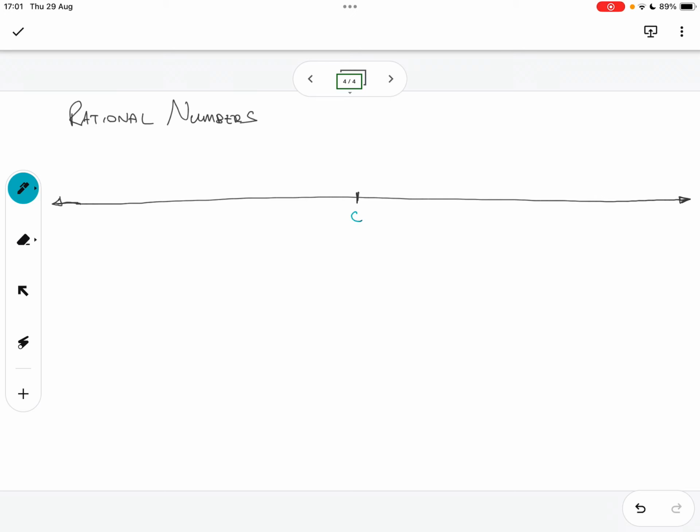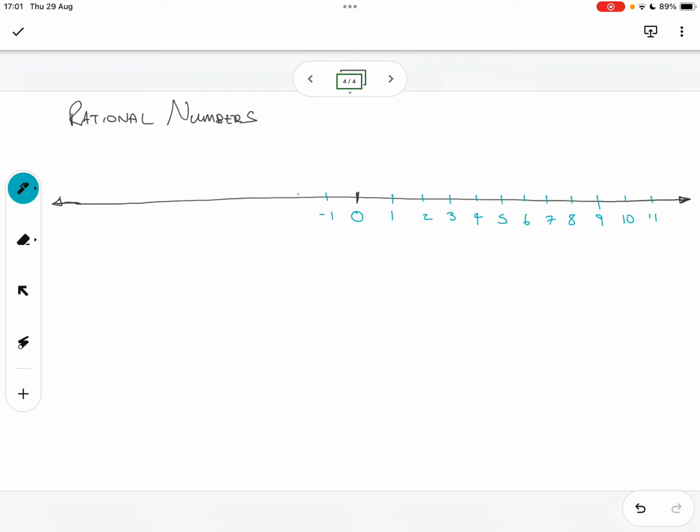So we'll start there, 0, 1, 2, 3, 4, 5, 6, 7, 8, 9, and 10. Maybe we can slot in 11 there.